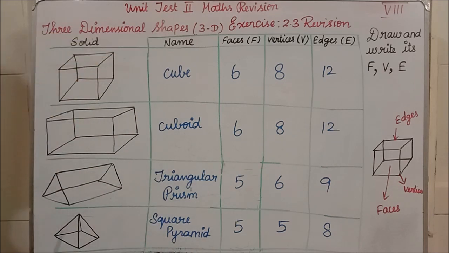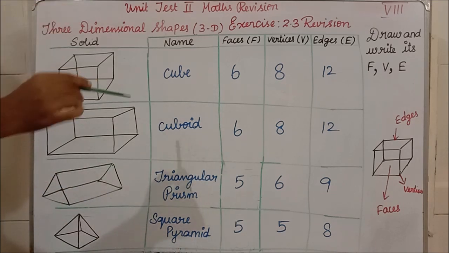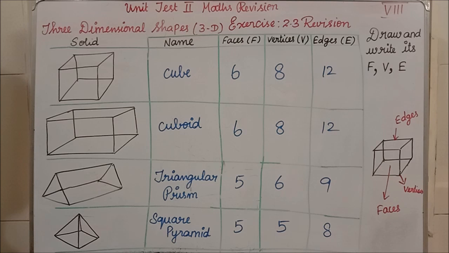Vertices, the corners: 6 vertices. Edges are nothing but the lines: 9 edges. Clear, students, what I am saying?